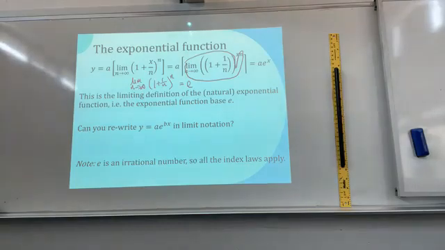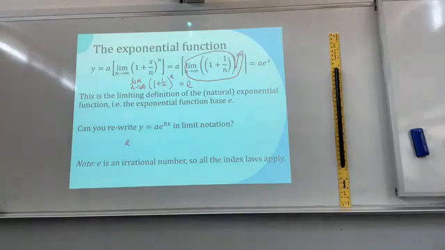You need to know the limiting definition of the natural exponential function, which is the exponential function base e. I want you to keep this in mind because you'll be needing it in semester 2 when we look at the natural laws. So if we rewrite y equals a e to the power of bx in limit notation, it's still the same.